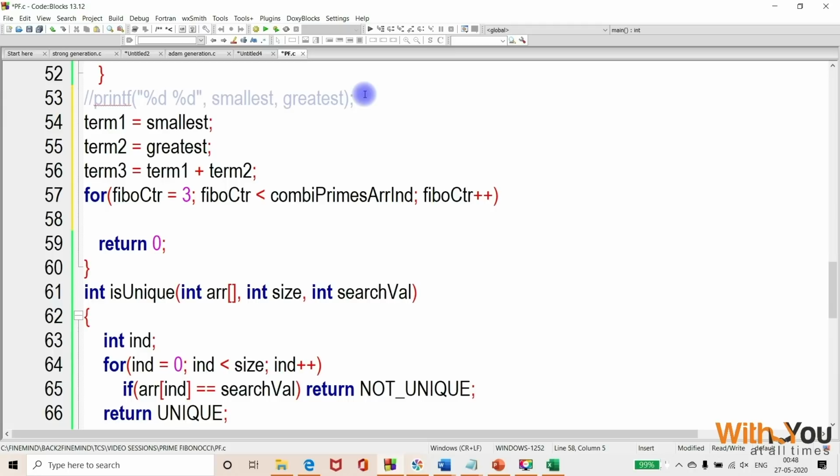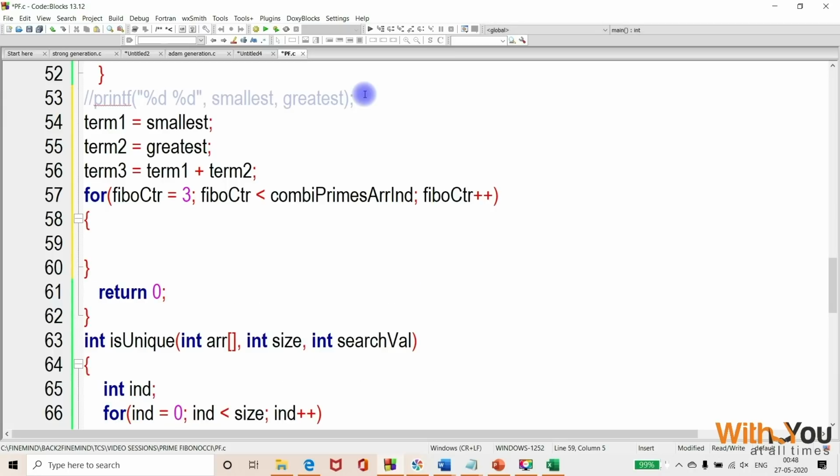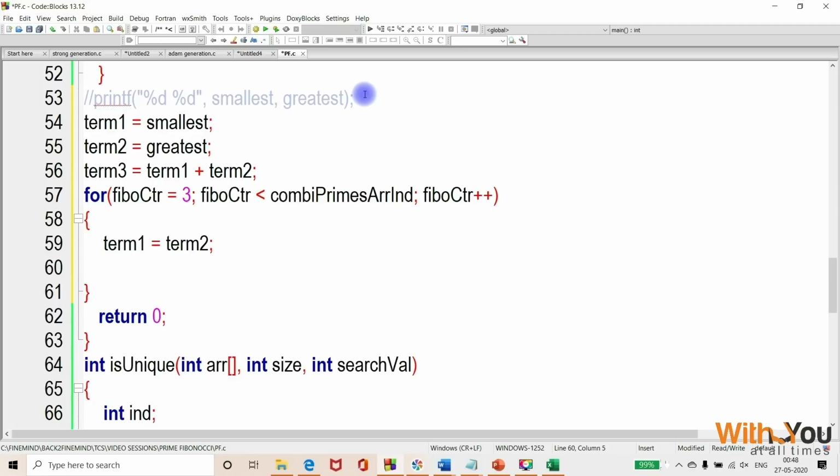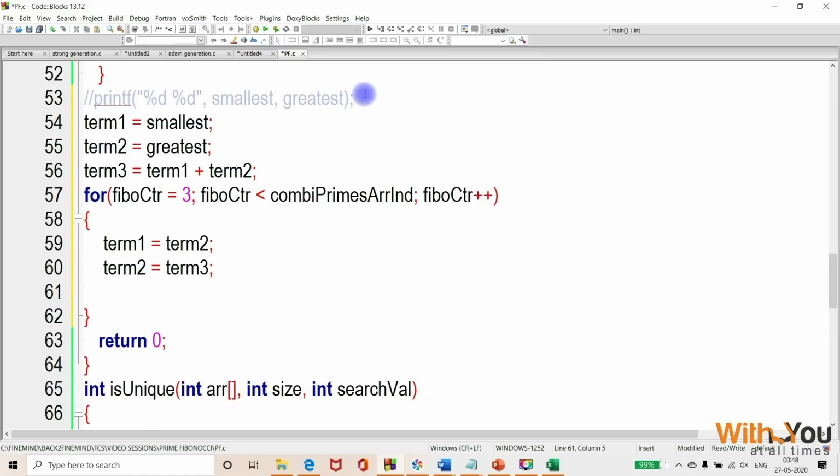Okay, cool. And inside that, you need to just shift the window. Term 1 gets term 2's value, and term 2 gets term 3's value, and there's going to be another term 3 calculated.